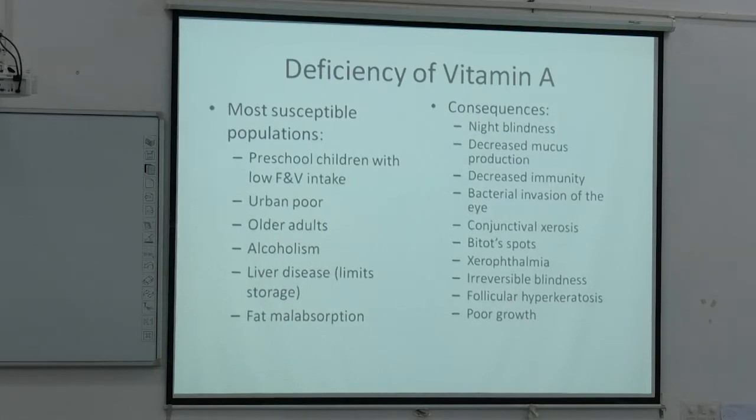Skin. What else? Germinal epithelium means our gametocytes are not produced properly. Poor growth. Definitely, if the person is not having proper vitamin A supplementation, the bone will not form properly. They will have poor growth.